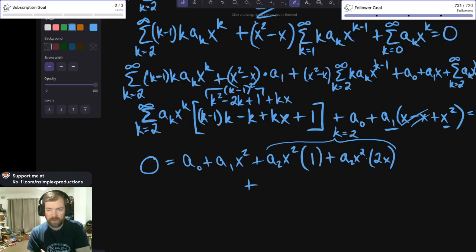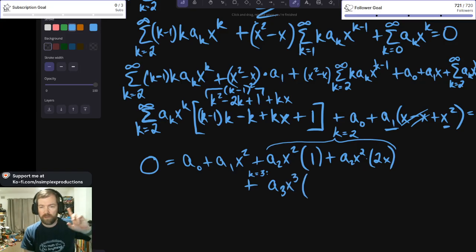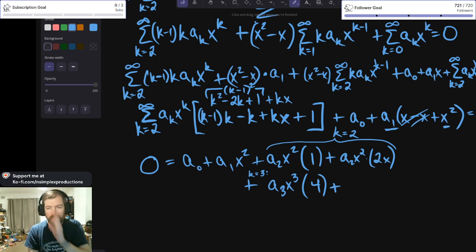Plus, evaluated where k equals 3, we end up with this next group. A sub 3 x cubed times 3 minus 1 is 2, squared is 4, plus a sub 3 x cubed times the quantity. This is now 3x.